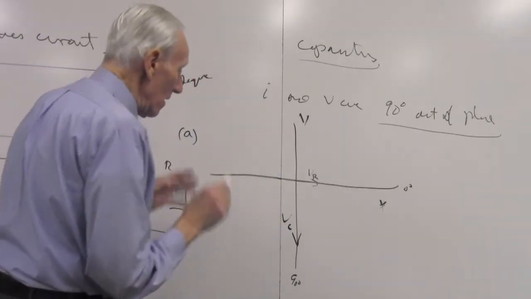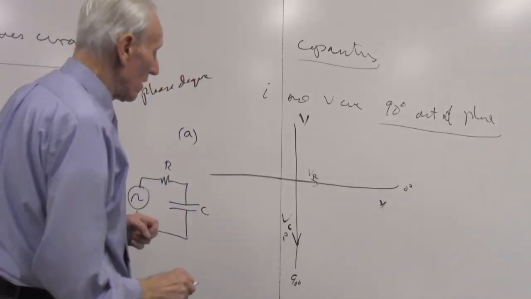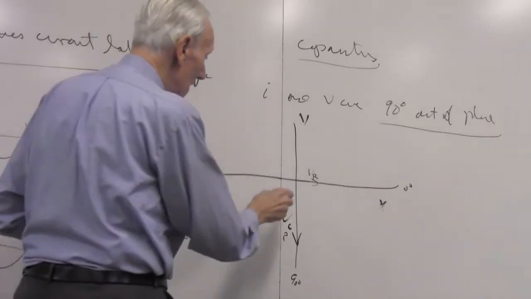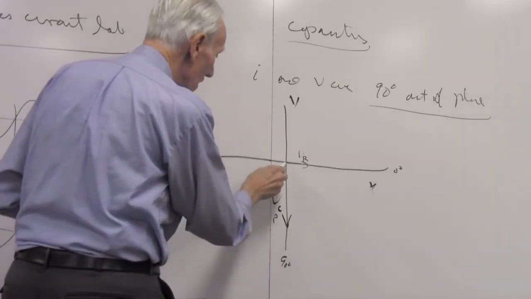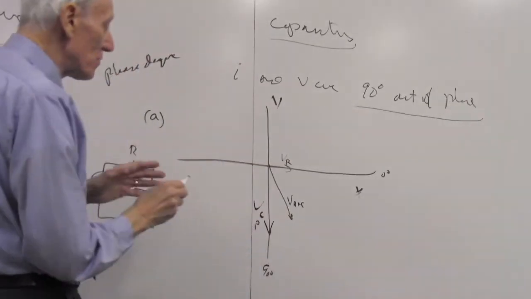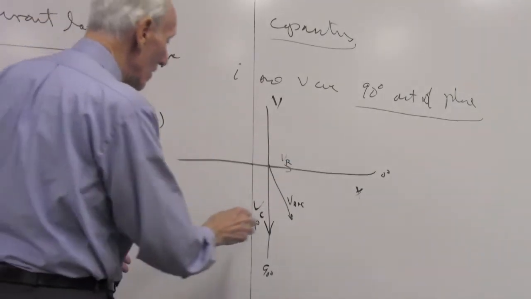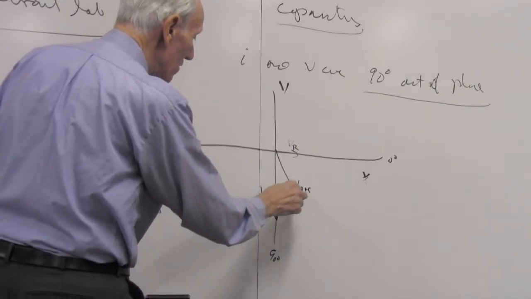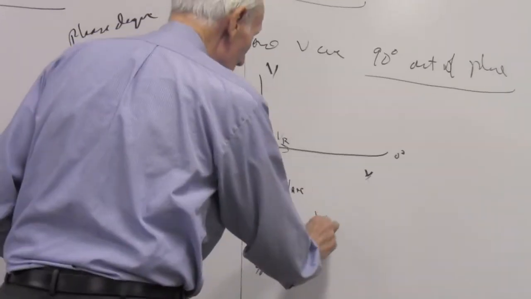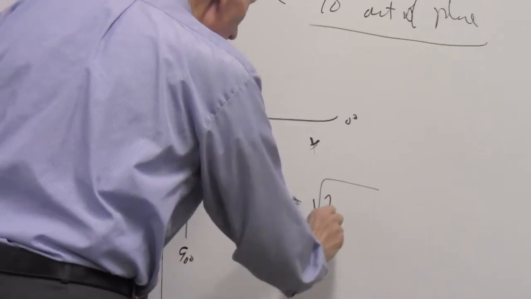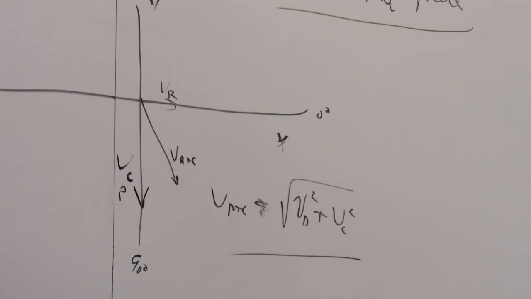So in part A, we want to check: is a capacitor a pure capacitor? To get the total voltage across the circuit, we add them like vectors, because we're talking about this phase. So this is sort of a phase diagram in a way. And so the voltage across the resistor and the capacitor is, by Pythagoras' theorem, equal to the square root of the voltage across the resistor squared plus the voltage across the capacitor squared.